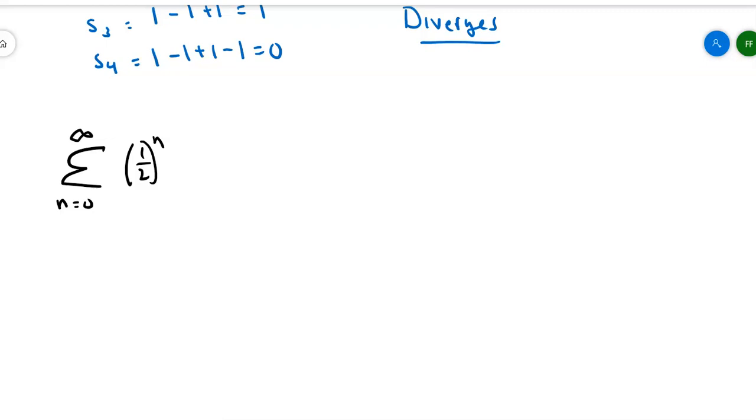I start with 1/2 to the 0 power, which is 1. 1/2 to the first power is a half. 1/2 to the second power is a quarter. Half to the third power is an eighth. Half to the 4th power is a 16th, half to the 5th power is a 32nd, and by now I think you get the idea where this is going. All right, if I add all these pieces together, what is the sum?